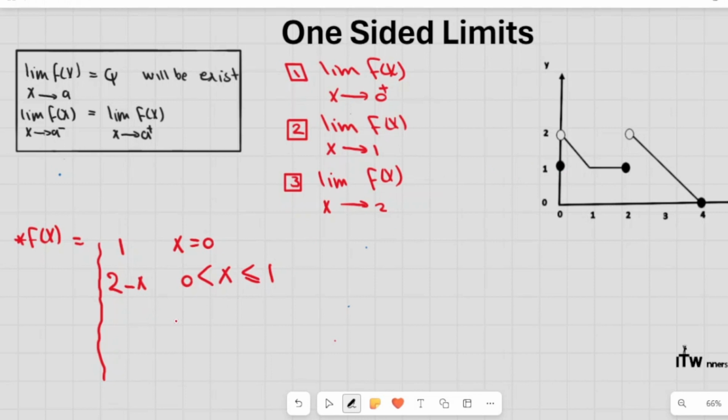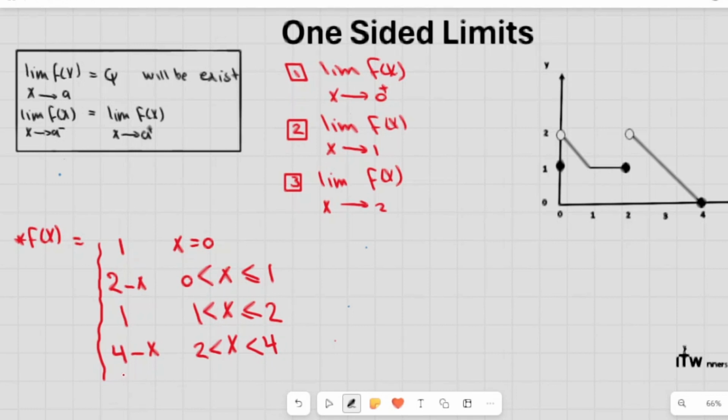Again, f of x equals 1 when x is between 1 and 2, and here f of x equals 4 minus x when x is between 2 and 4.